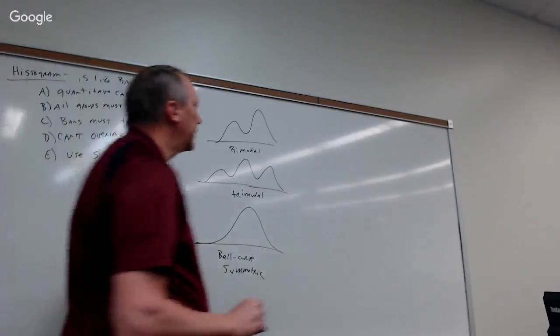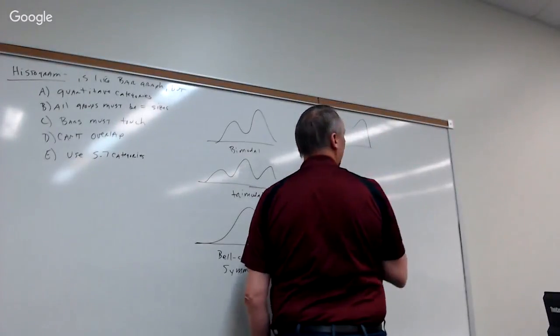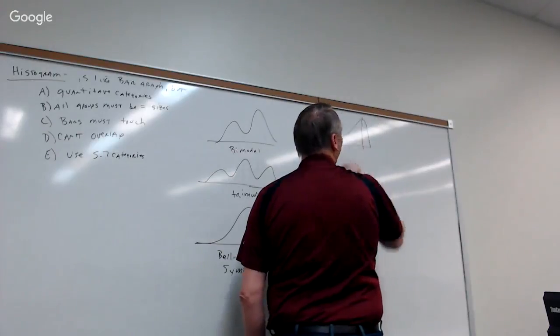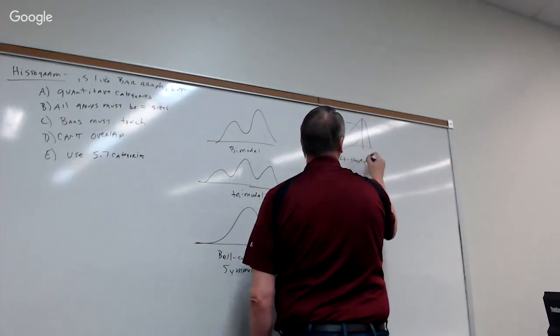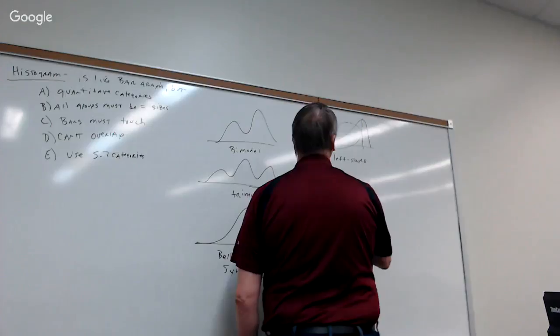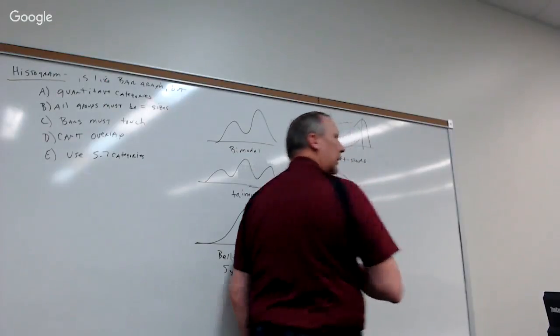Now, some other graphs that you might see, something that looks like this. Always measure it from the peak. This tail is bigger. This would be an example of a left skewed graph. This would be an example of a right skewed graph.